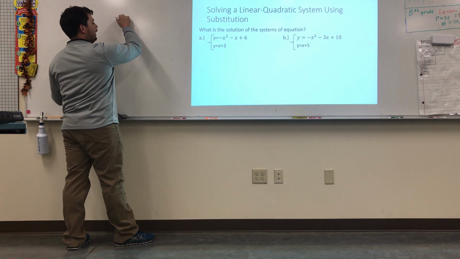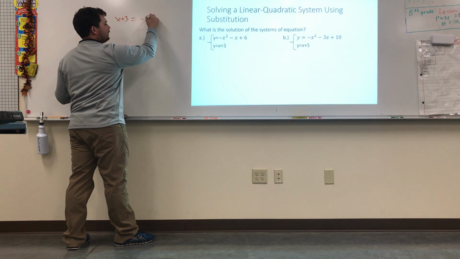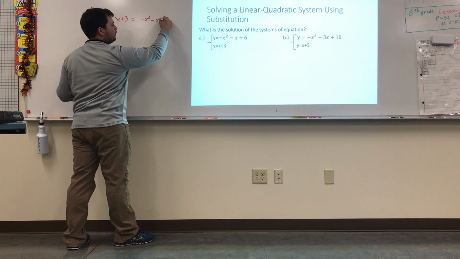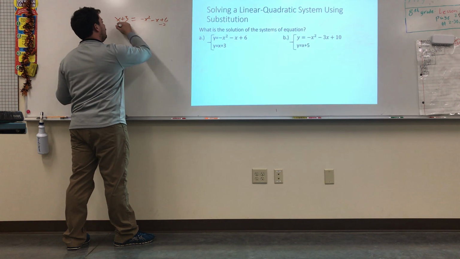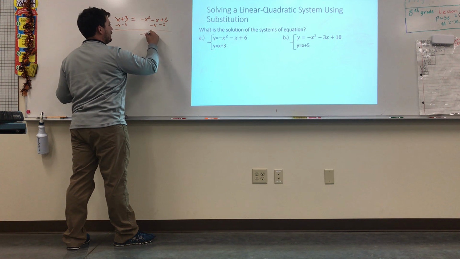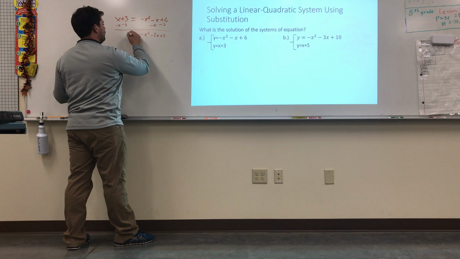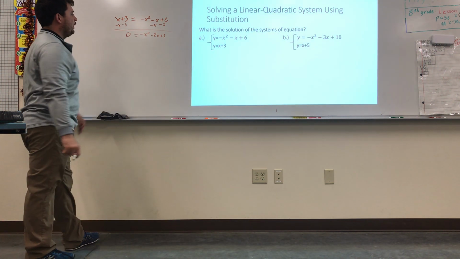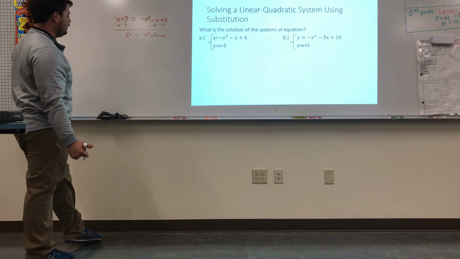So I'm going to get x plus 3 equals negative x squared minus x plus 6. I'm going to minus 3 over, minus 3 over, minus x, minus x. I get negative x squared minus 2x plus 3 equals 0.